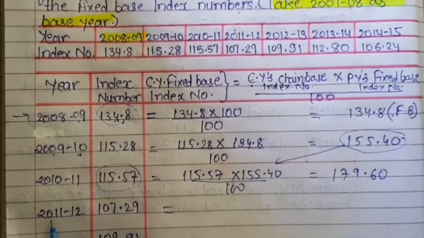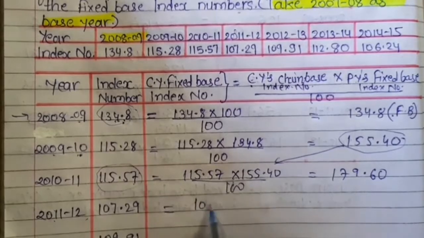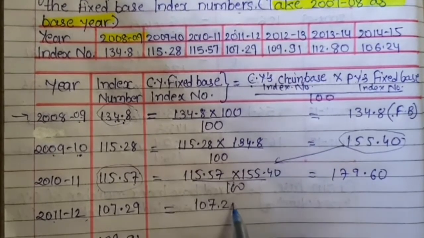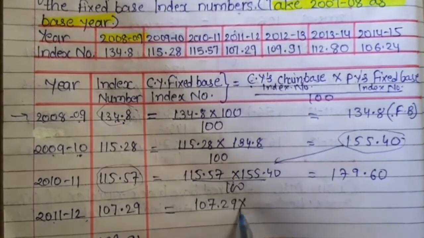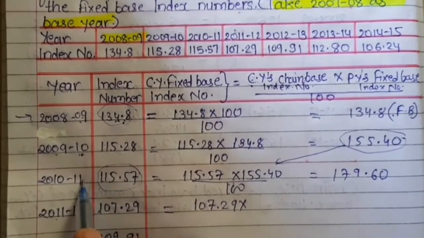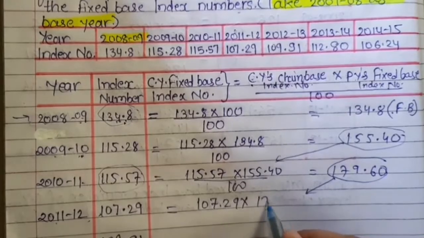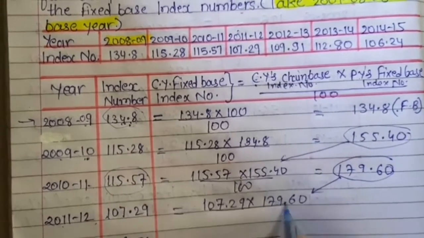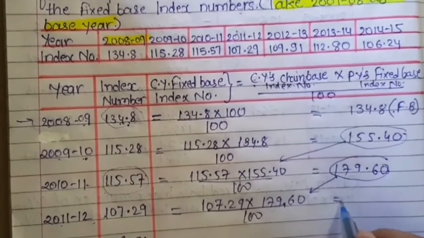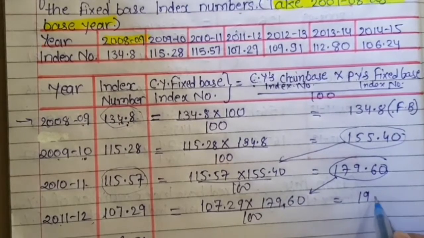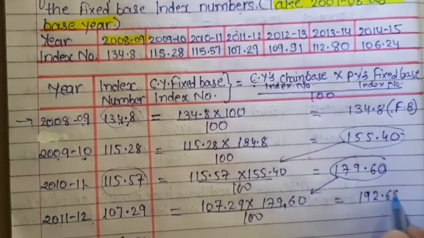Again for 2011-12 the current year's chain base index number is 107.29. Its preceding year 2010-11 and its fixed base index number is 179.60, divided by 100, then I will get 192.69.